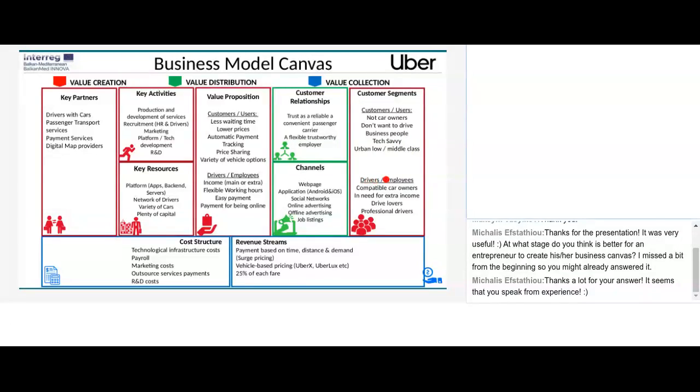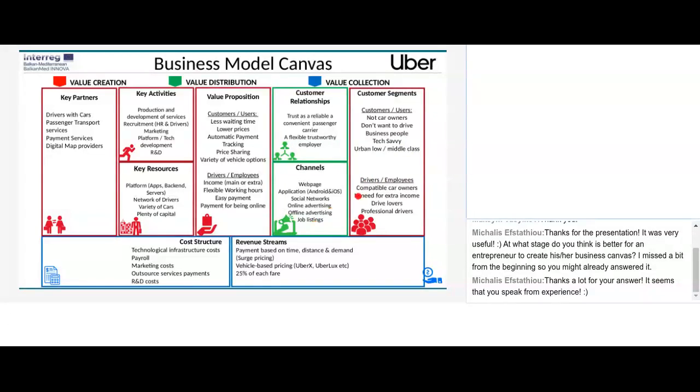And then we have the drivers or employees, which are considered to be inside the customer segments. They are also partners, but when we see them from the customer segments perspective, we see them before because they have their own cars, so they must have compatible cars.